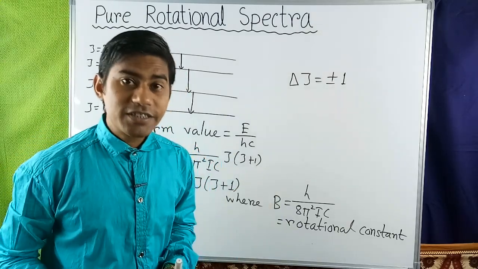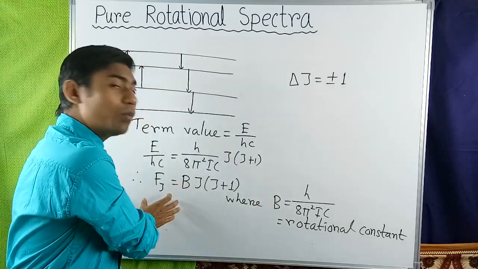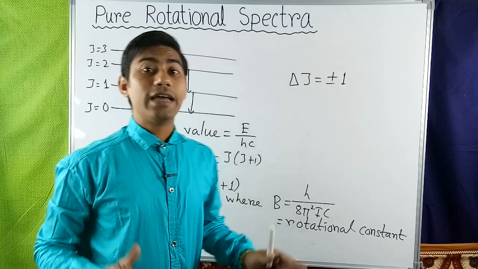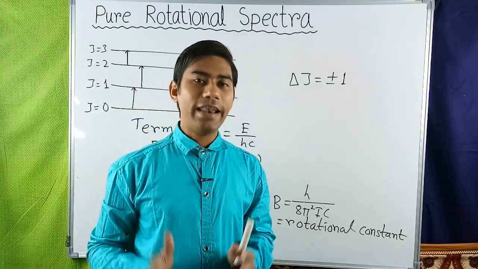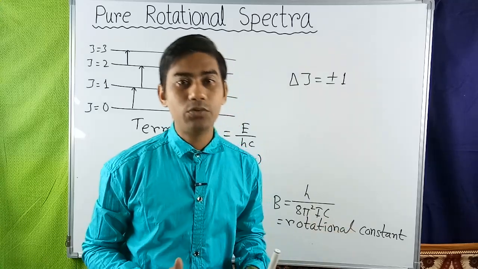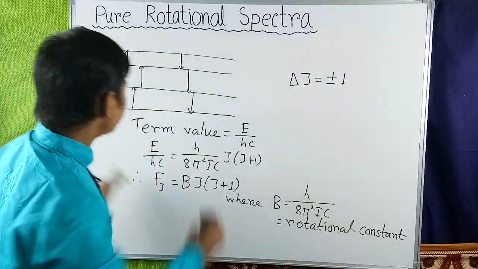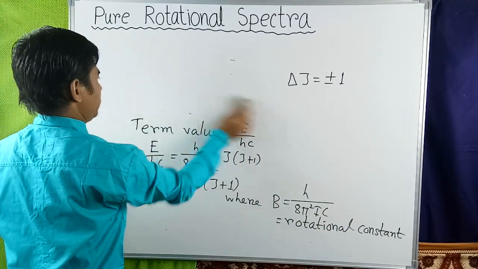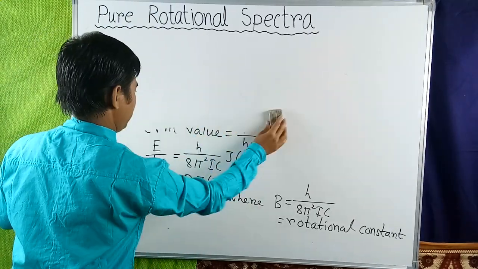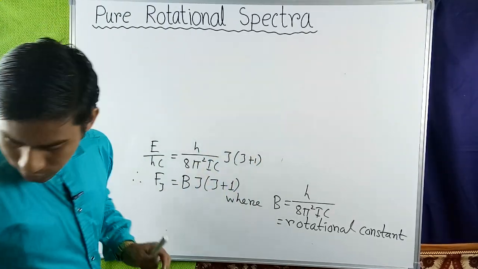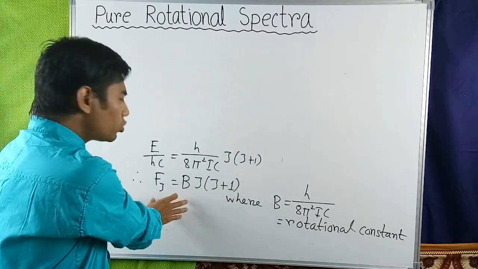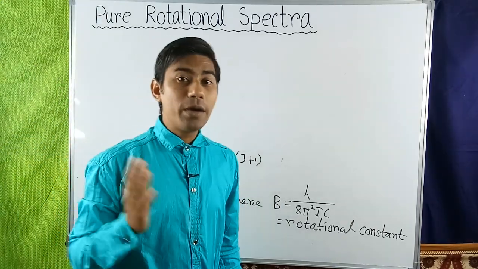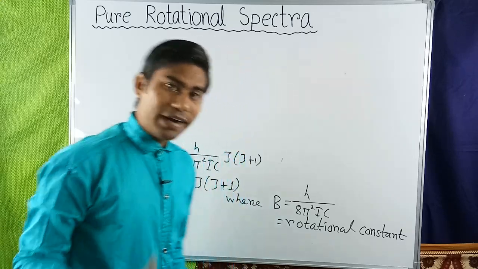Now the difference between the term values of two levels gives the wave number of the emitted or absorbed spectral lines due to the transition between two levels.